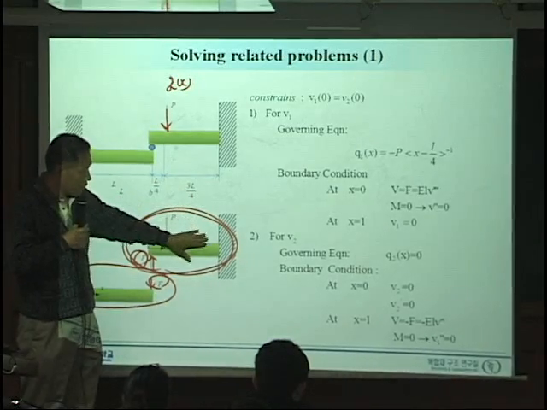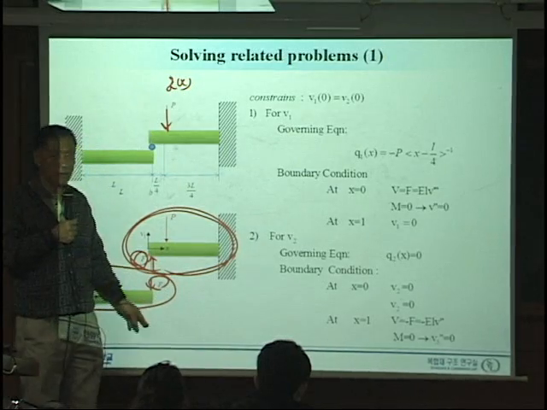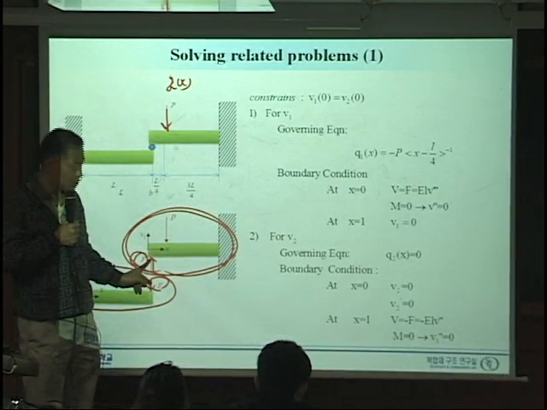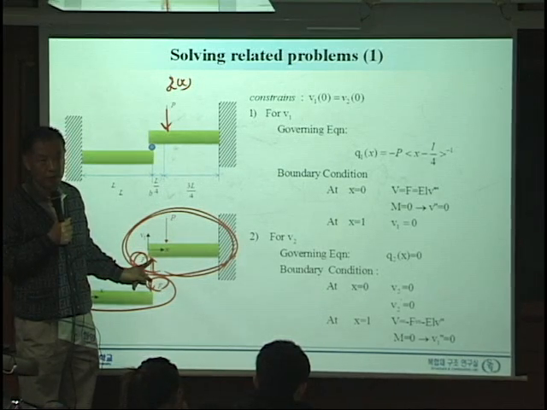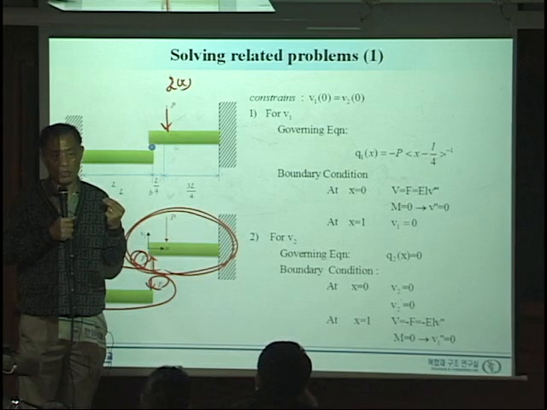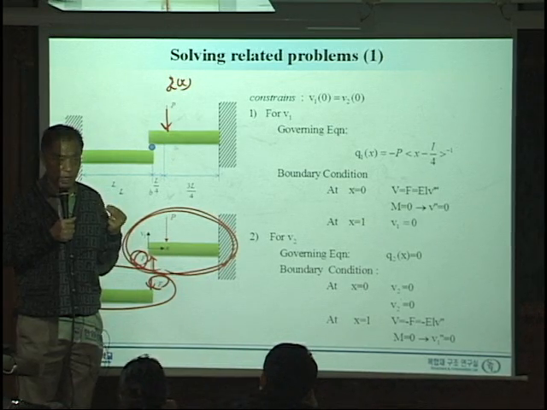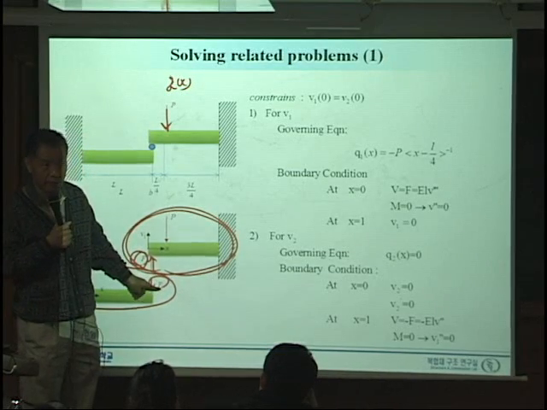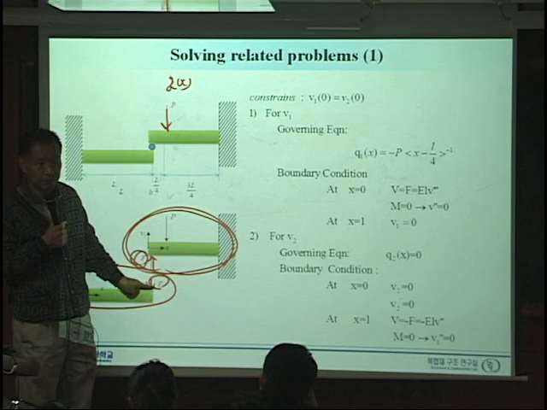So you get the deflection V1, and you get the deflection V2, and at this point, you use the condition that V1 and V2 are the same. Using that condition, what can you solve? You can get this F.